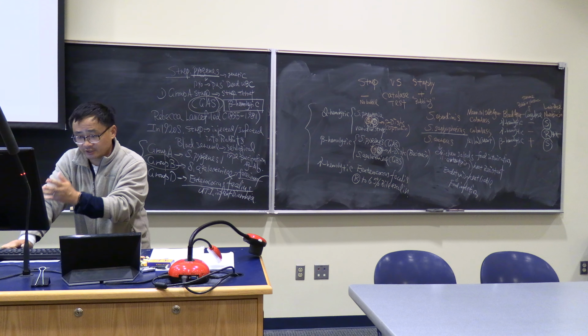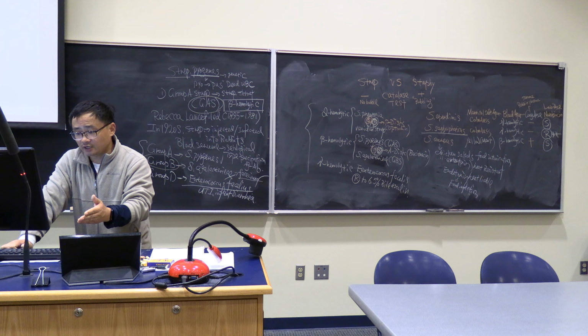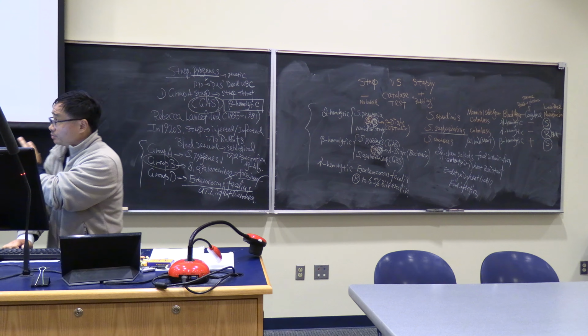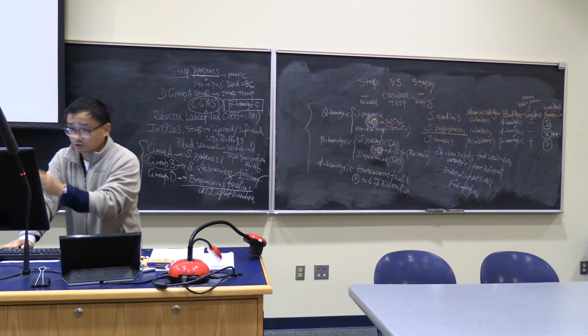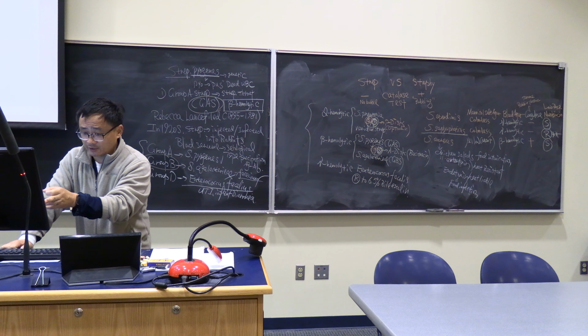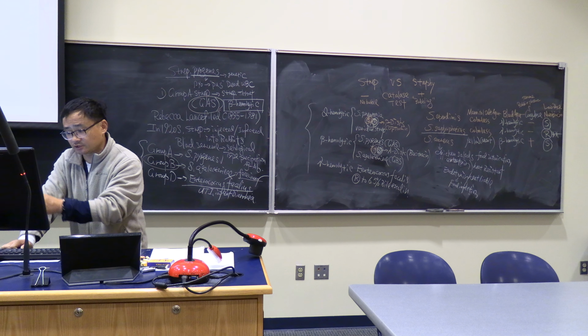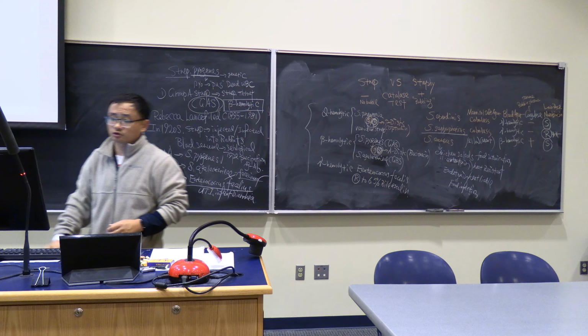Nuclease breaks down nucleic acids. Protein A, anti-phagocytic. Protease breaks down proteins. And you are also going to see the last one here, toxic shock syndrome, we mentioned, associated with fever, shock, multisystem involvement.